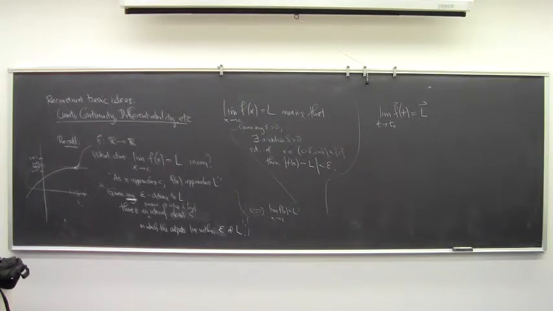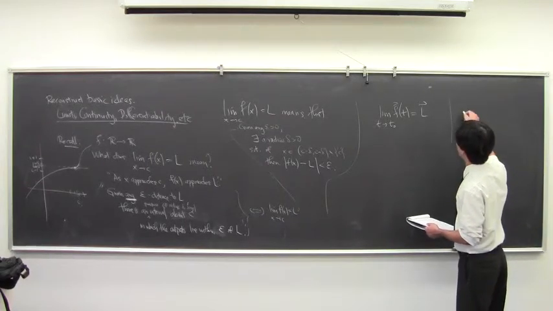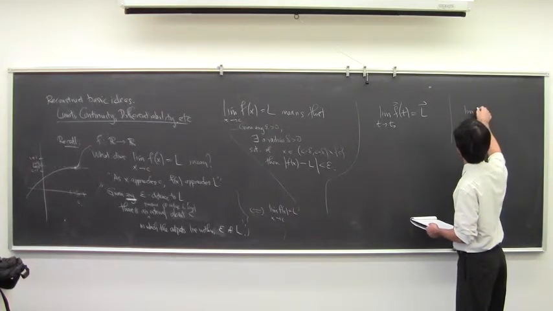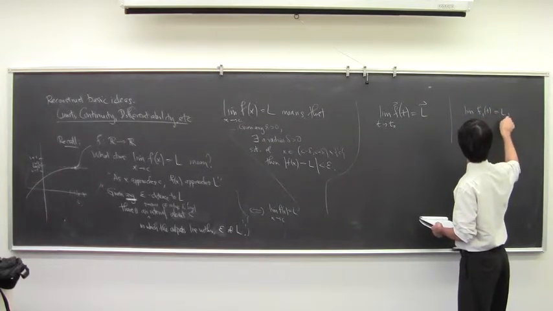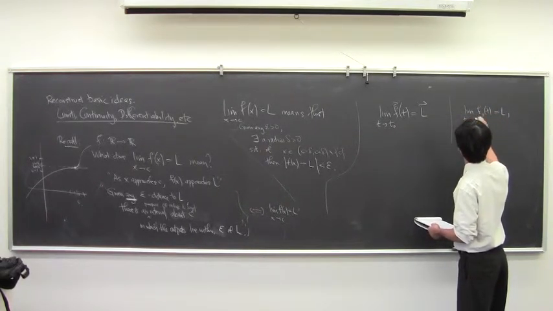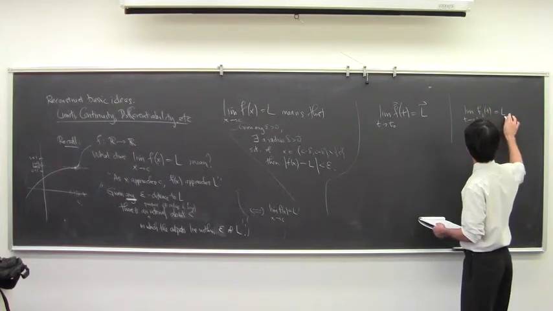Peter? Could it be the limit of each of the components at t as they approach t naught? Okay, so that's possible. You could say maybe it means that the limit of f1 is L1, the limit of f2 is L2, and the limit of f3 is L3.